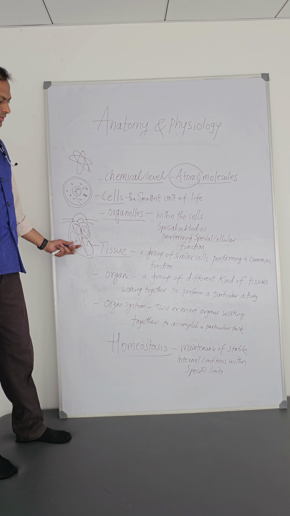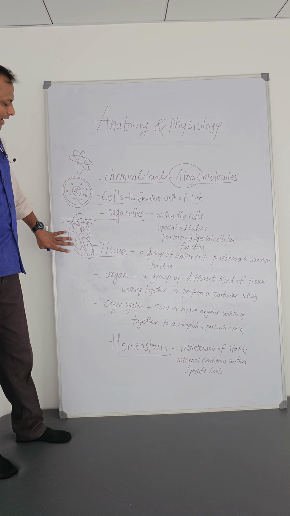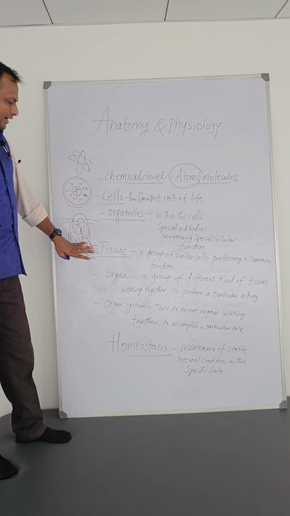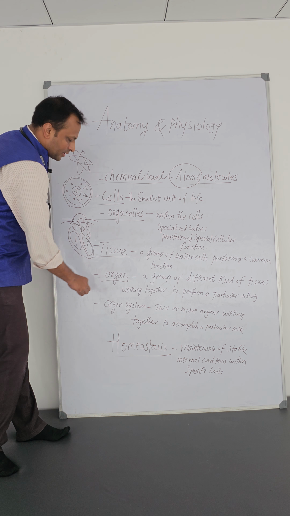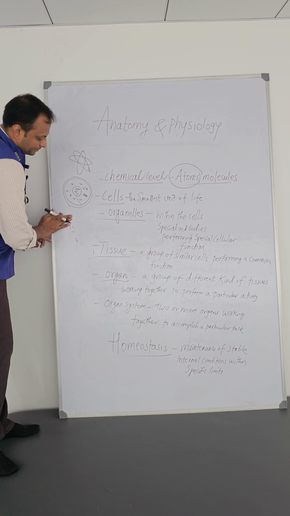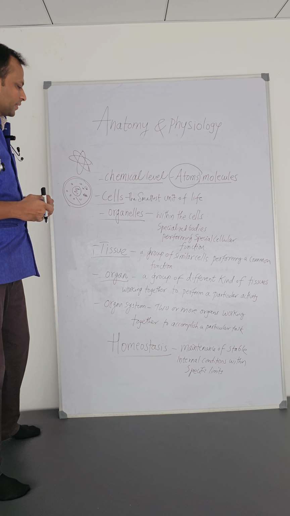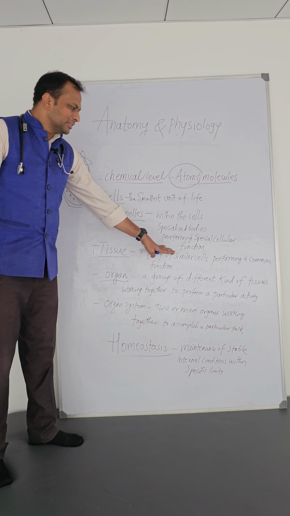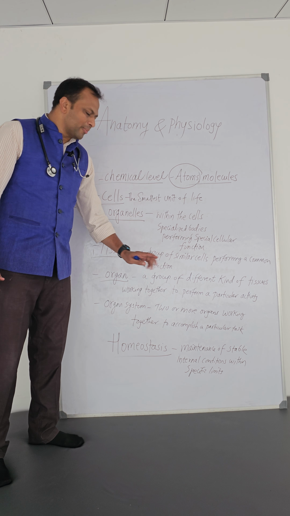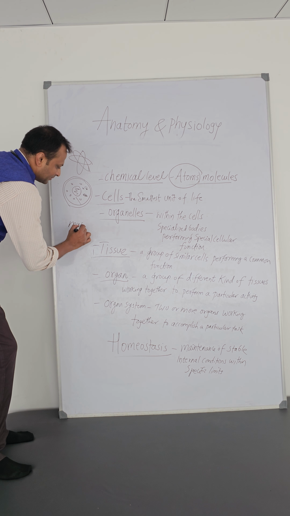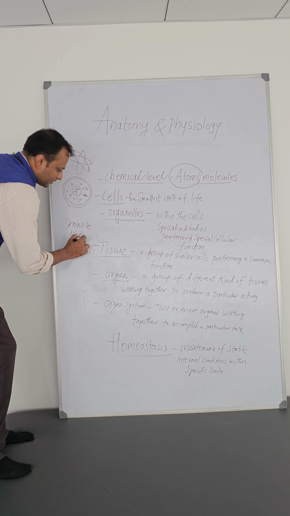The common function is pumping. So this heart has a cardiac tissue. A tissue is a group of similar cells performing a common function. You can call it muscle tissue or nerve tissue.